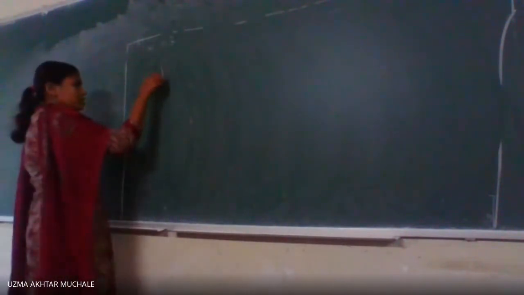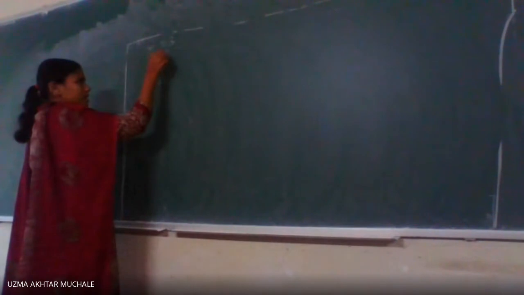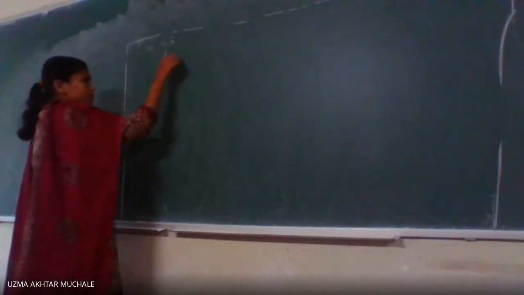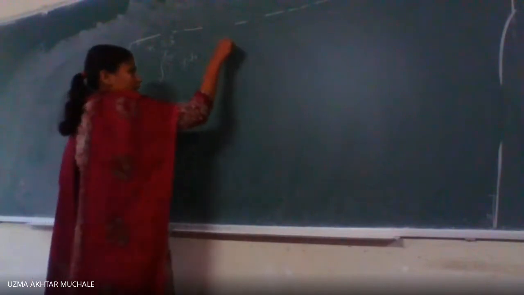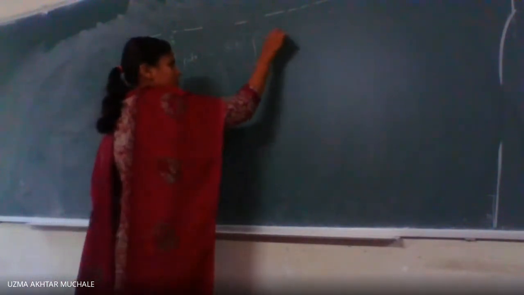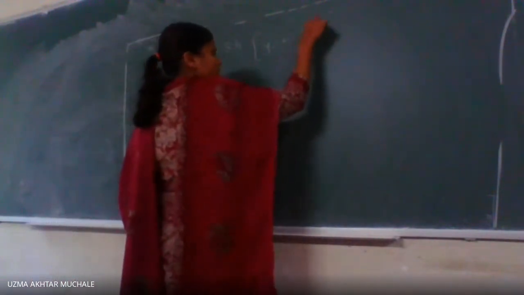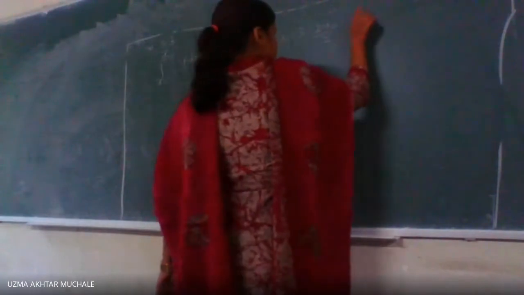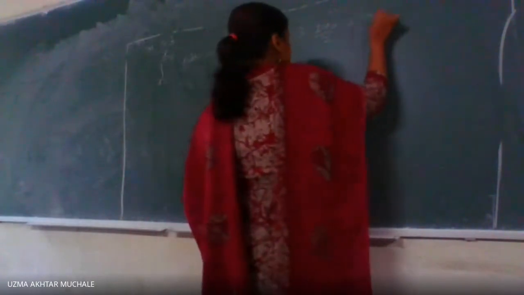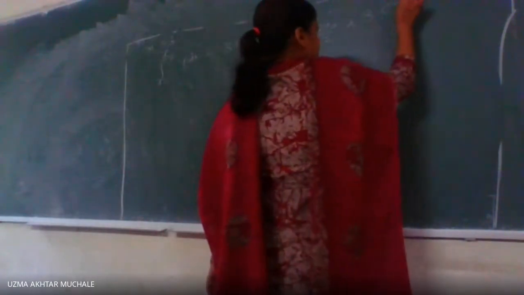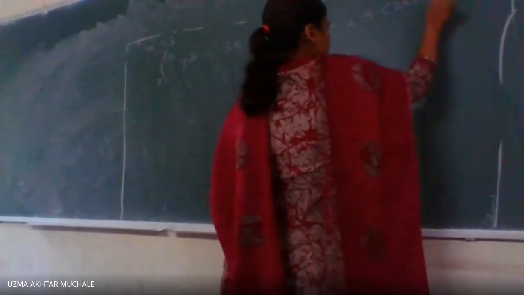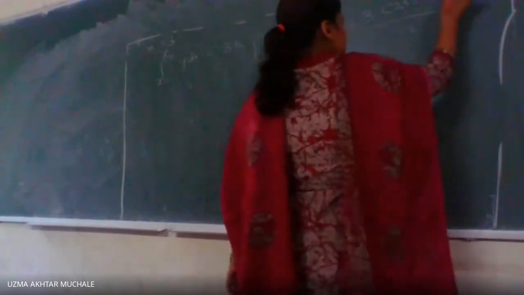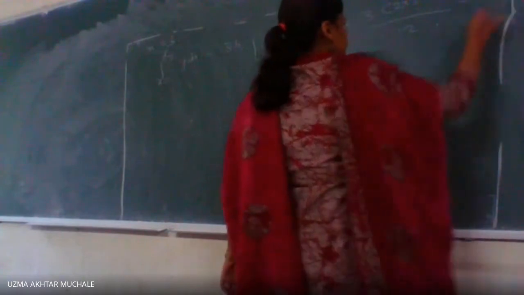That is integration x0 to, instead of xn, we'll put x3, y dx is equal to 3h into y0 plus 3 into delta y naught divided by 2 plus 3 into (2 minus 3)... divided by 12 delta square y naught, right?